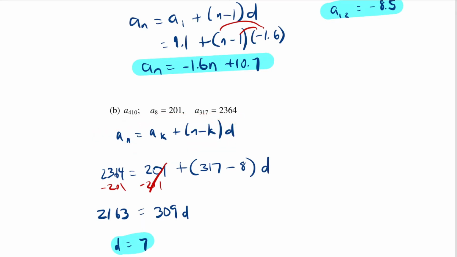A sub k, we can use this, which is 201, plus n, which is 410 is your n, so be careful there. 410 is your n. K is 8, and d is 7. So this is what we're going to evaluate. Use your calculator if you need to. I'm going to use mine. And I'm getting 3015 as my final answer.